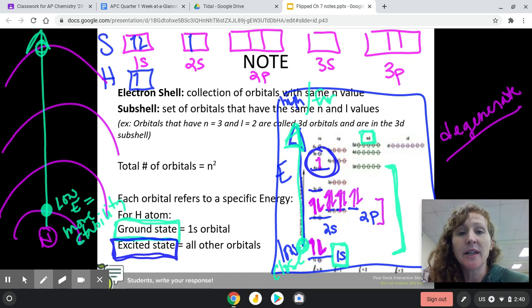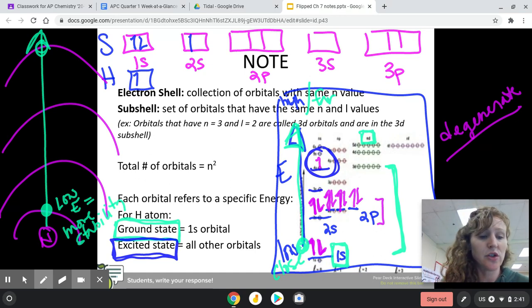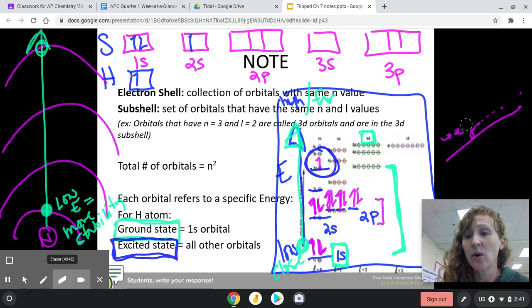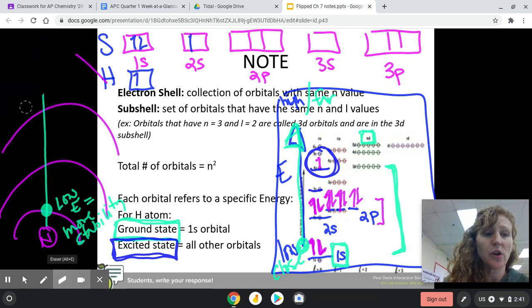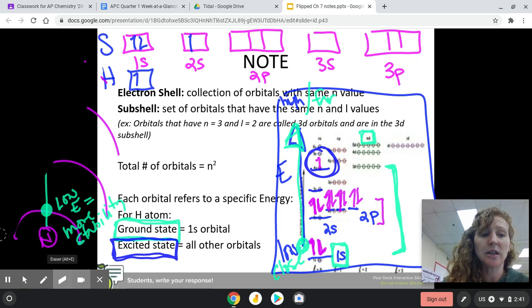Okay, something else that I've kind of been doing, but I haven't actually been explaining, is the fourth rule for filling electrons into orbitals. And that rule has to do with the magnetic spin quantum number, our very last quantum number.